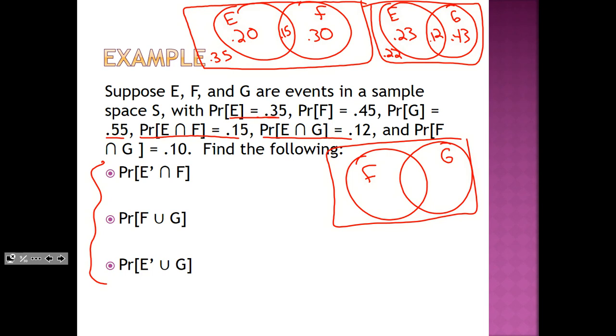Then if we look at F and G, so F intersect G is 0.1. F is 0.45, so that means 0.35 is there. G is 0.55, so 0.45 is there. So that's here, 0.8, 0.9, so 0.1 outside. Okay. So now I've got those, the problems are not really that difficult.